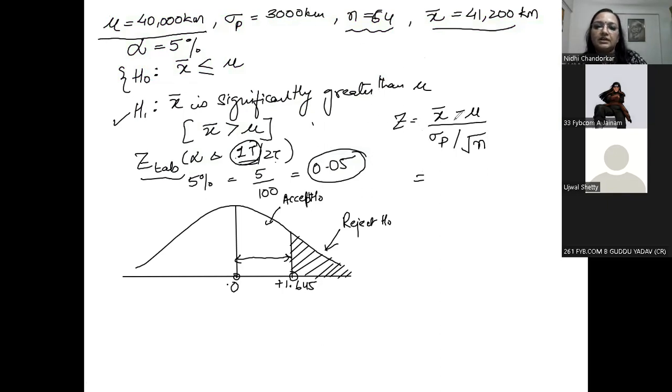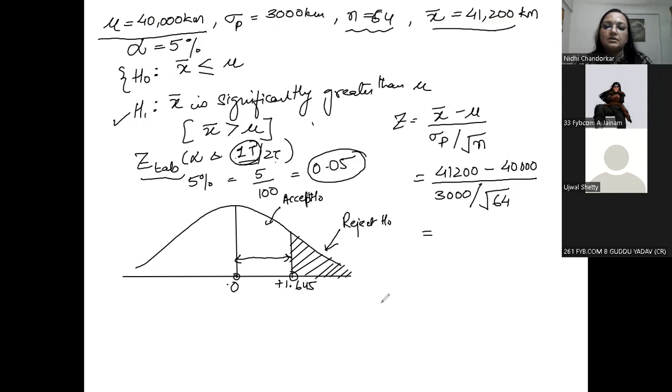Okay. So X bar is 41,200. Mu is 40,000. Sigma P is 3,000 upon square root of small n, that is 64. Can you guys quickly help me with the answer?